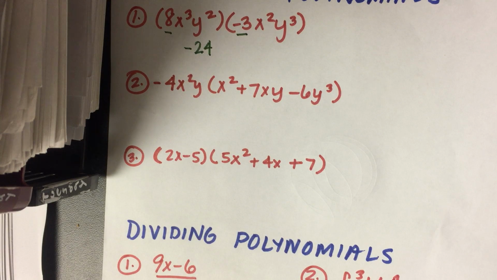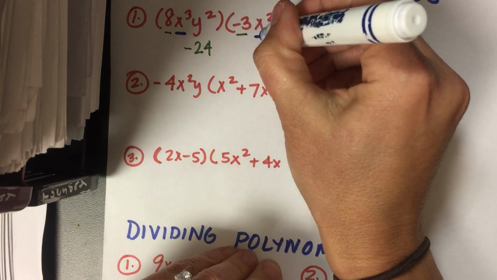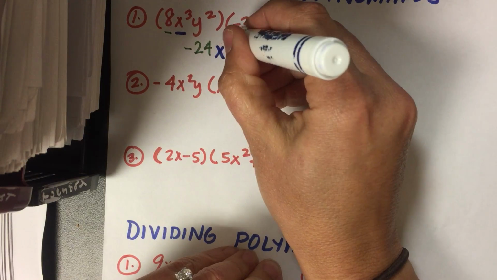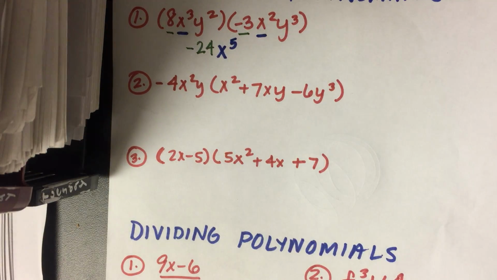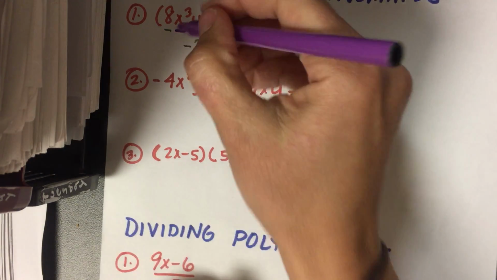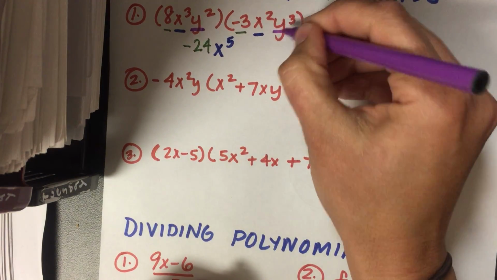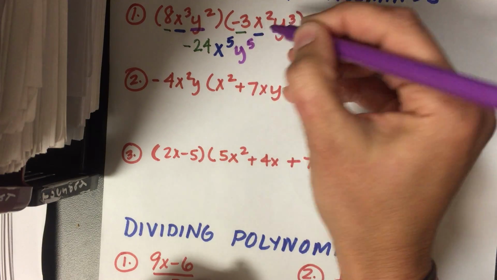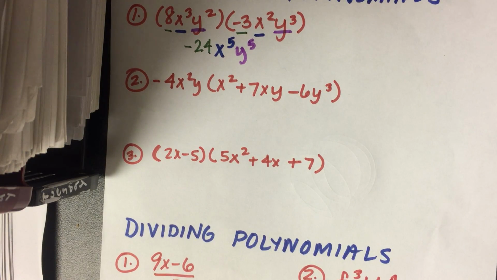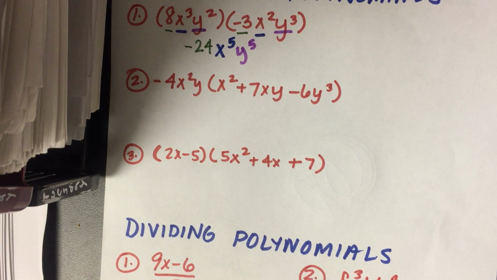That'll be my first one. And then my second one is going to be my x terms. So I have x cubed times x squared, which is going to give me x to the 5th. And then I have my third term, my y term, which is y squared times y cubed, which is y to the 5th. So that is actually my final answer.